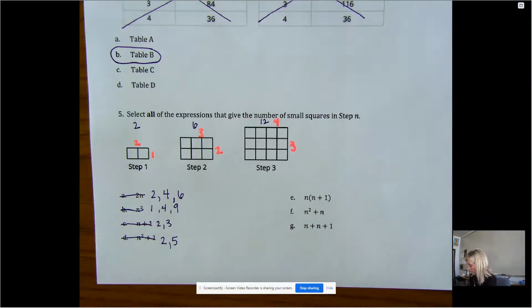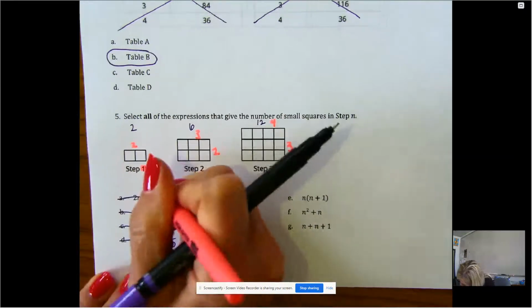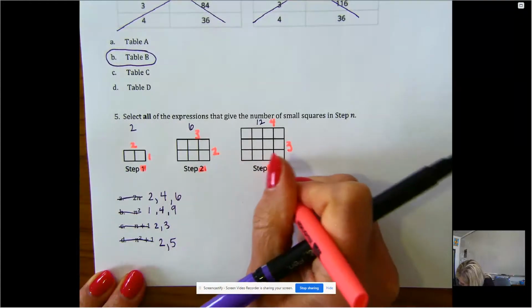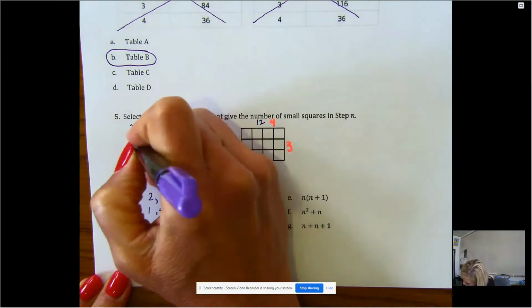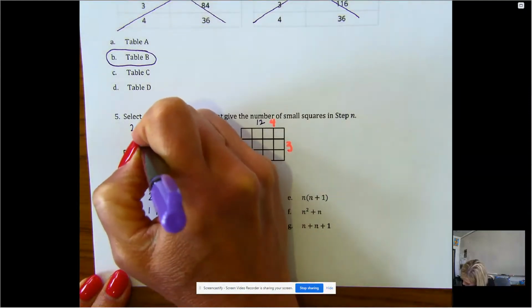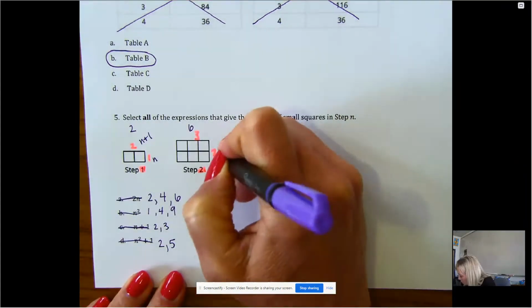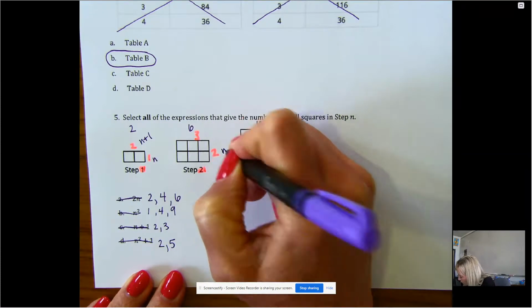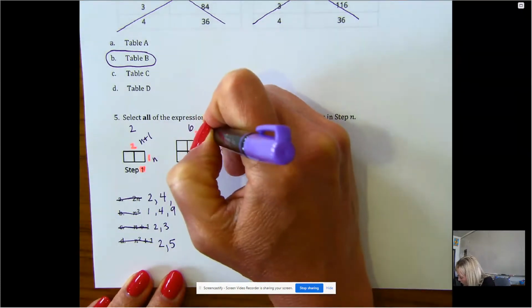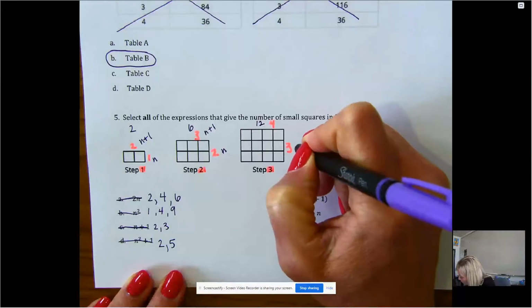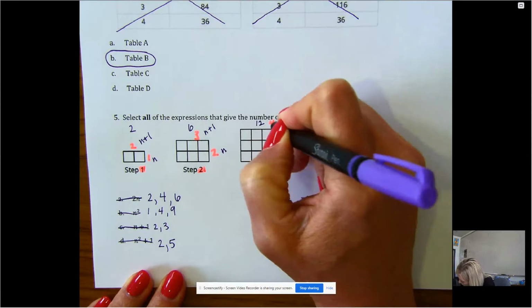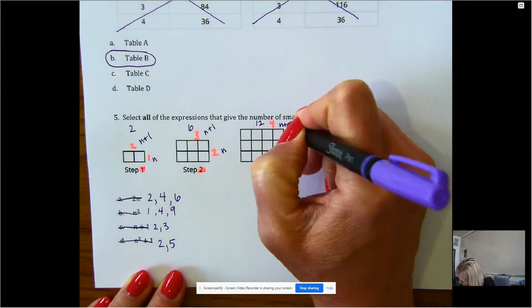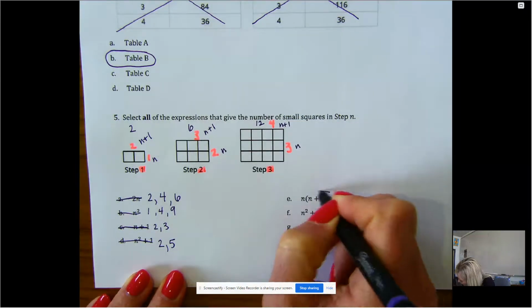And so the step number here matches up with one of the dimensions. So this one would be n, and this one is one more, so this would be n plus 1. That happens in step 2 as well. The 2 would be the n, and the 3 would be the n plus 1. And it happens here again. The 3 is step 3, so n is 3, and 4 is one more, so n plus 1. So definitely E.